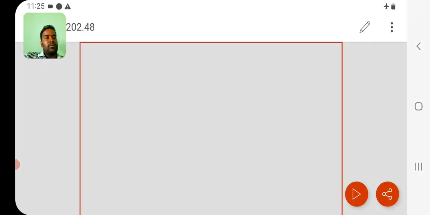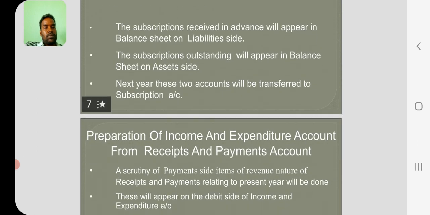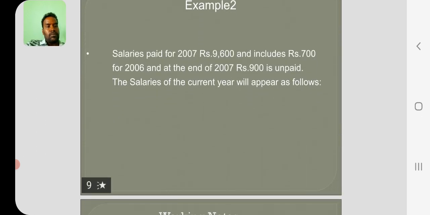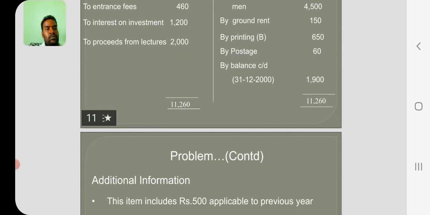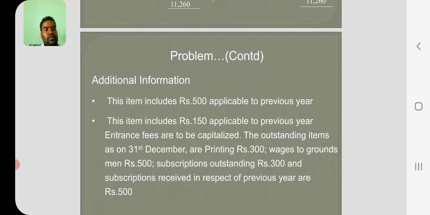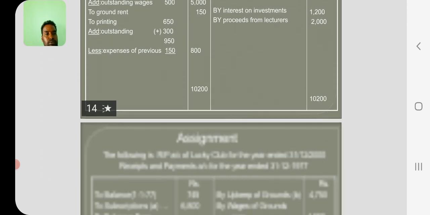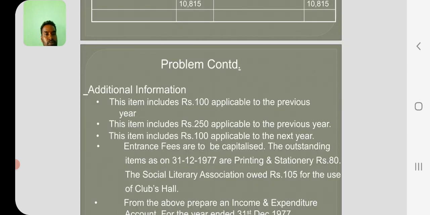In 100, 100 is applicable to the previous year. Okay.